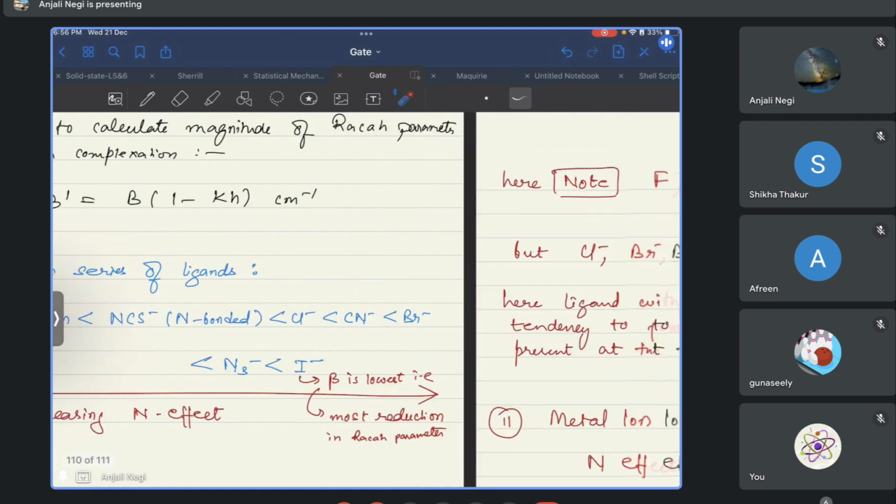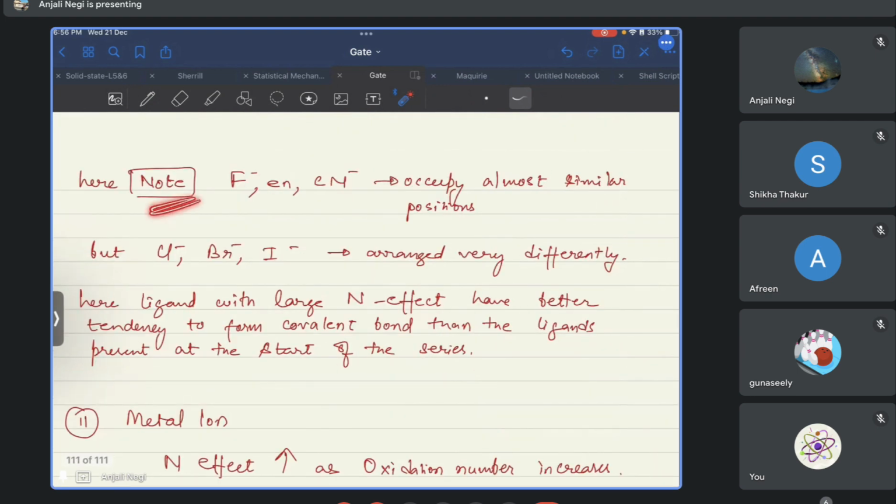That's what I have written here as a note: F negative, en and CN negative occupy almost the similar position as they occupied in the spectrochemical series. But Cl negative, Br negative and I negative are arranged very differently.